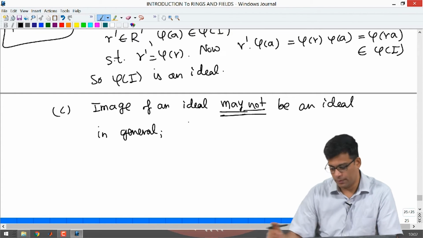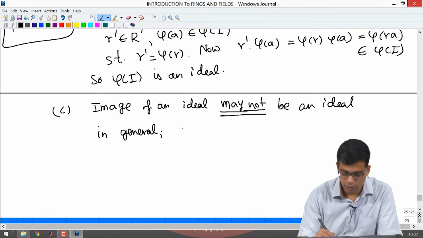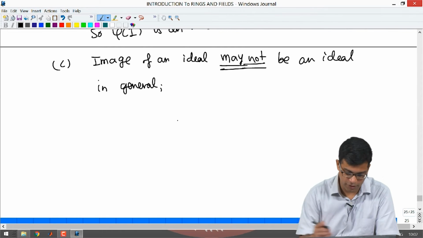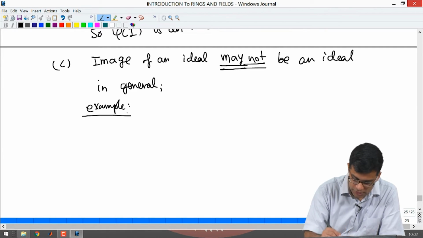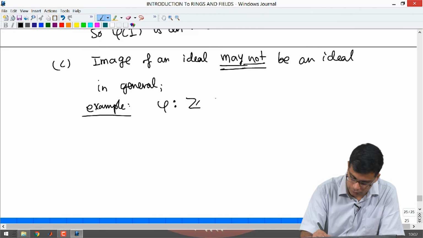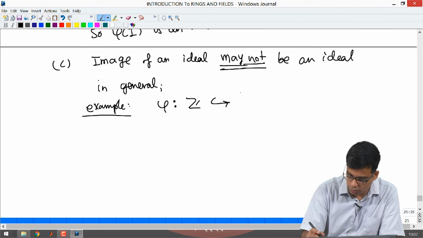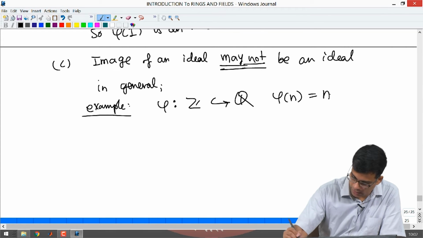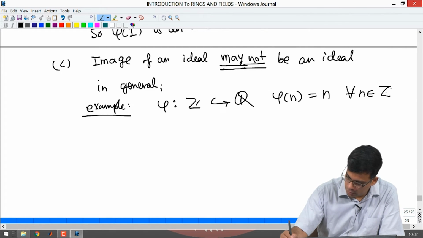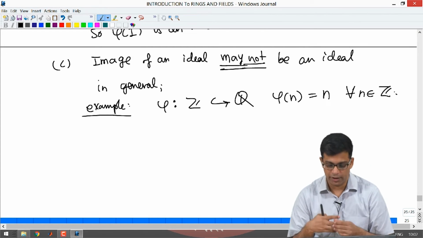In other words, we need the onto property. For example, consider the map from Z to Q, the rational numbers. Here the map is an inclusion. I simply take an integer and map it to that integer itself.